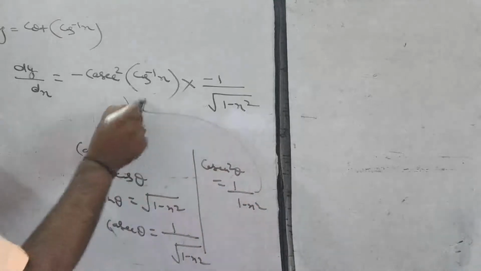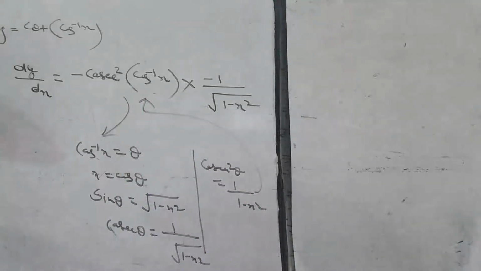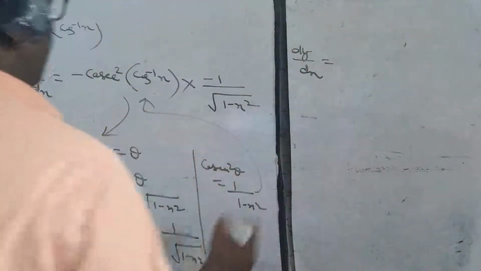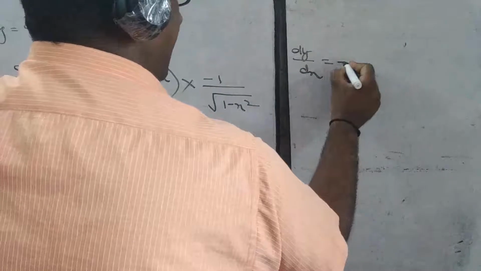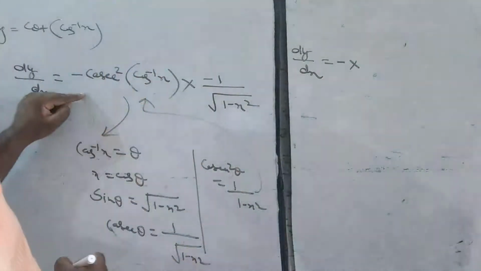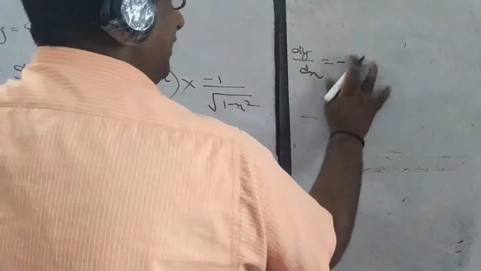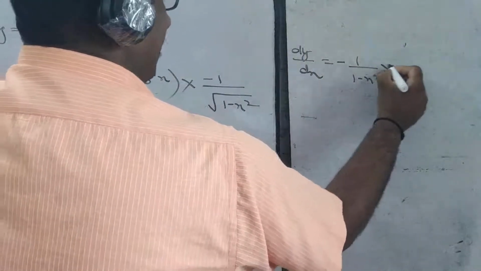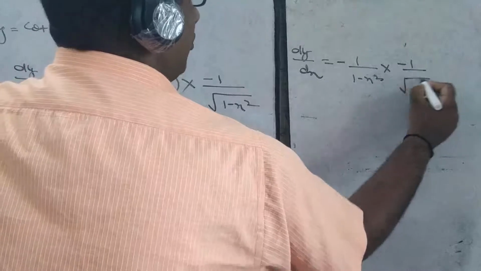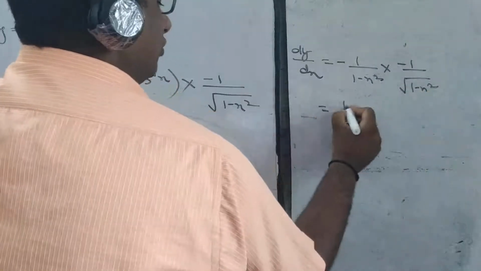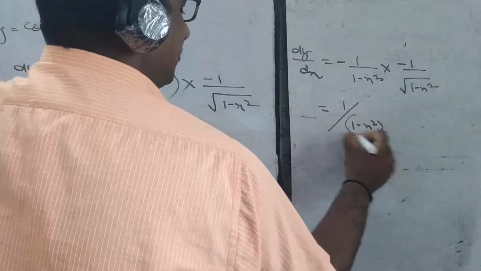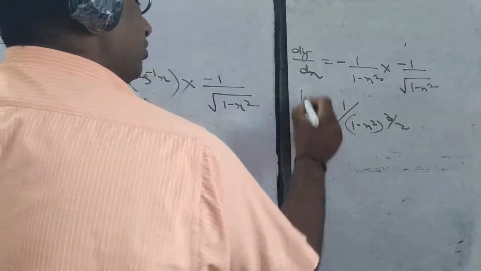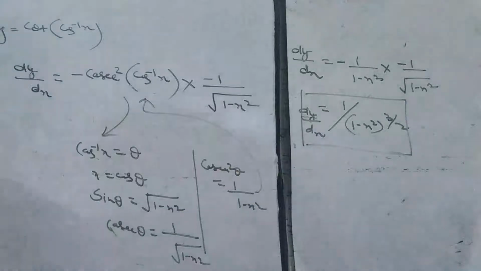Put this here. So finally dy by dx is equal to minus into 1 by 1 minus x square into minus 1 by under root 1 minus x square. So the answer is 1 upon (1 minus x square) to the power 3 by 2. This is the final answer.